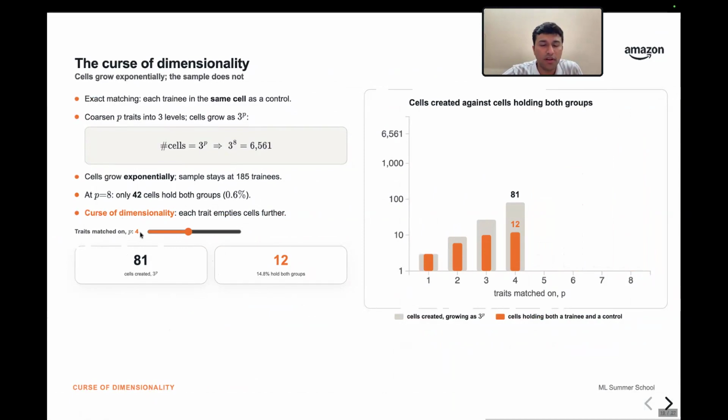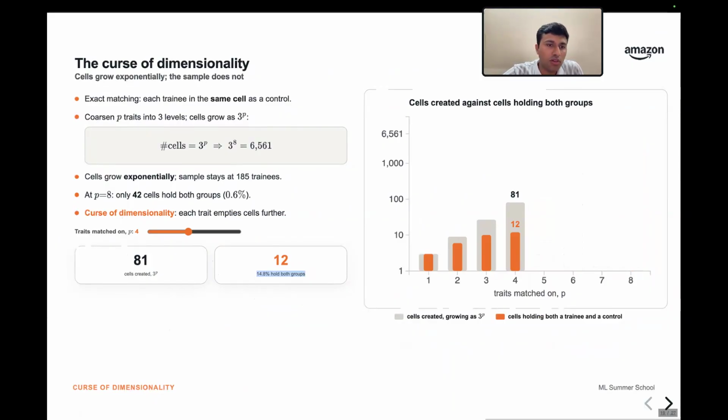So just with p equal to 4, where you're matching across four different confounder values or traits, you will end up creating 81 different cells or 81 different small little buckets, and you want to fill each of these buckets with enough data points from both treatment and control, right? So if you see, with just four different traits from the rudimentary data set that I had introduced earlier, we are getting only 14.8% of the cells which contain data points from both the groups, right?